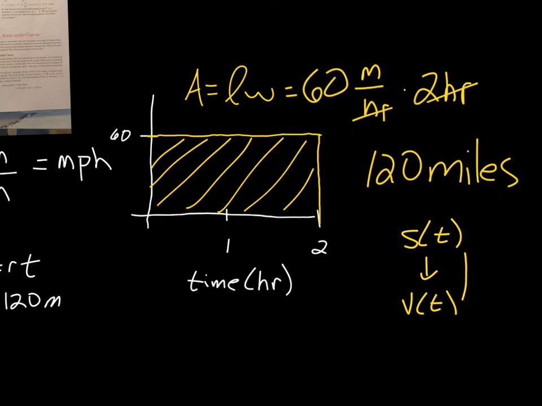If we're going in the other direction, starting at miles per hour and going to miles, the units are telling us that we've just taken an antiderivative. And so that's the relationship right there.